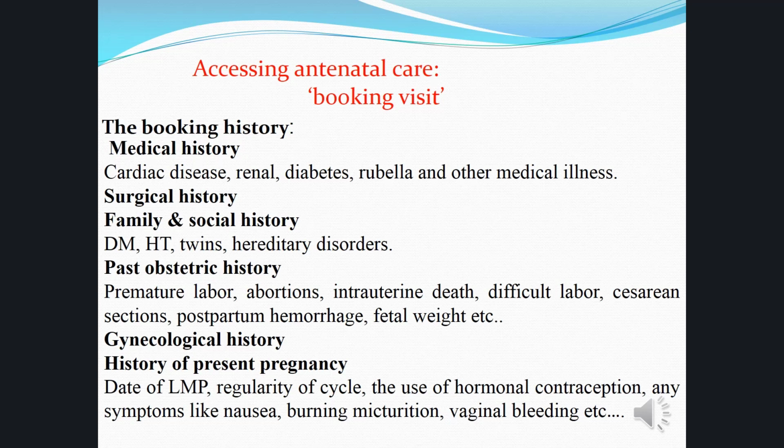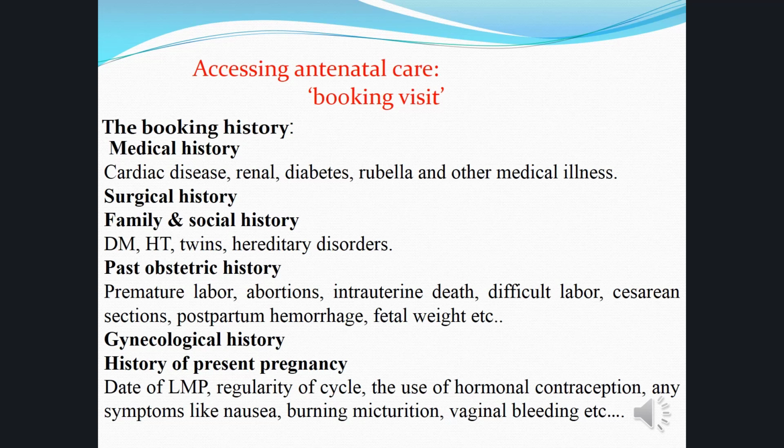Past obstetrical history about premature labor, abortions, intrauterine death, difficult labor, cesarean section, postpartum hemorrhage, fetal weight, etc. Gynecological history, history of present pregnancy, date of the last menstrual period, regularity of the cycle, the use of hormonal contraception, any symptoms like nausea, burning micturition, vaginal bleeding, and etc.